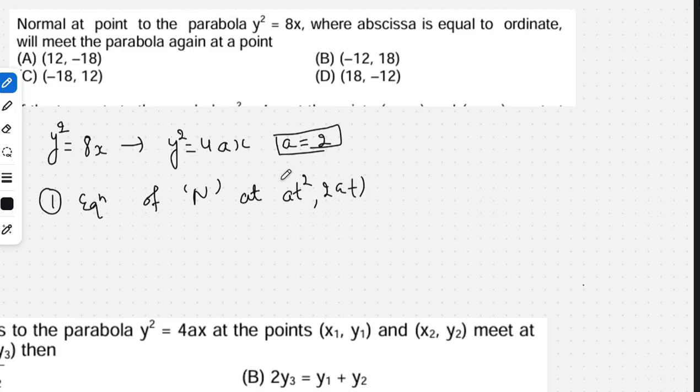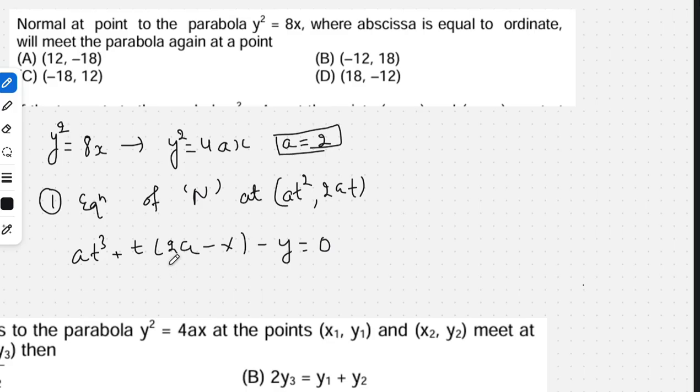Please be mindful of this a t square comma 2at. It reappears again and again in questions. So equation of normal at a t square comma 2at is a t cube plus t into 2a minus x minus y is equal to 0.